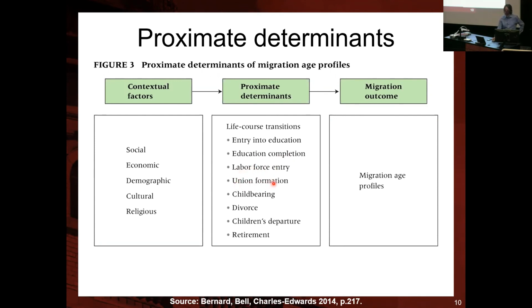When I get married, when I have children, if I get divorced, when children leave the household, and when I get retired, these are all factors that are closely related to the chances of migrating. And these proximate determinants that influence the chance of migrating vary by age.